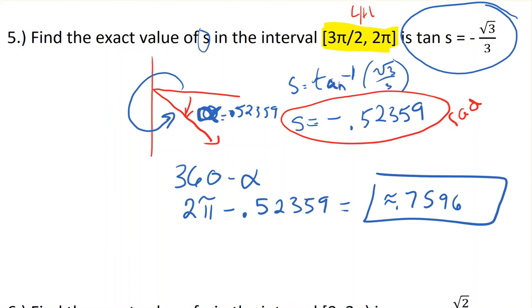Approximately 5.7596 for our answer. And that fits the parameters of that question. So again, if you need to, pause it, rewind it so you can look back at it.